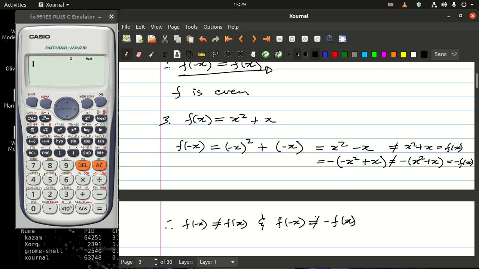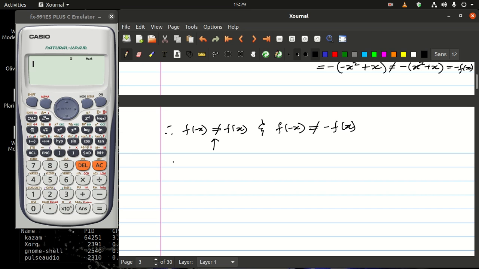What does this simply mean? Looking into this part here, you can conclude that f is not even, or you can just say f does not have even symmetry.